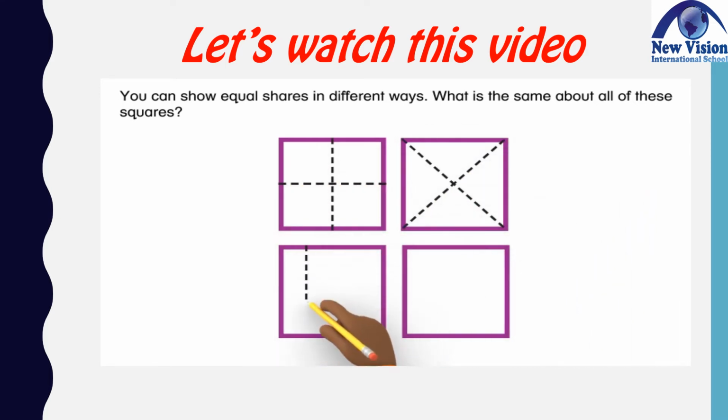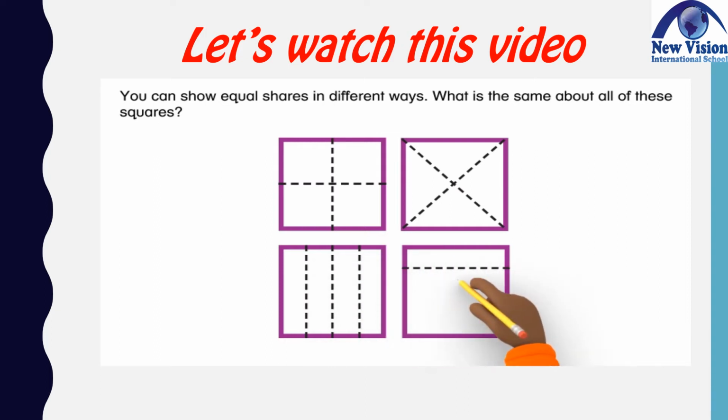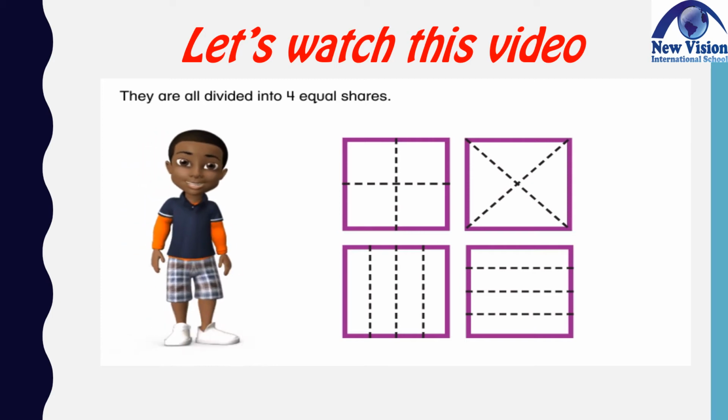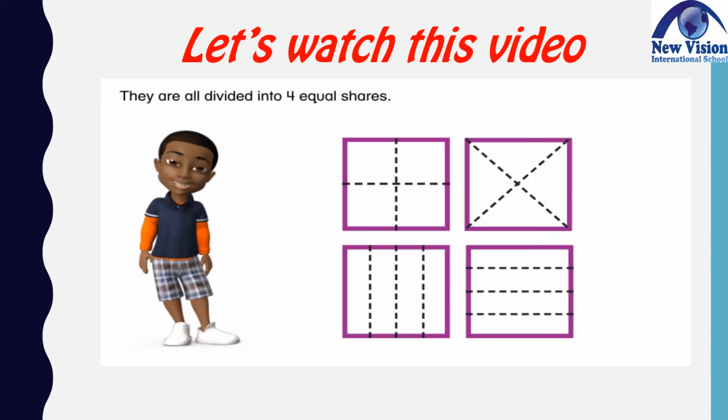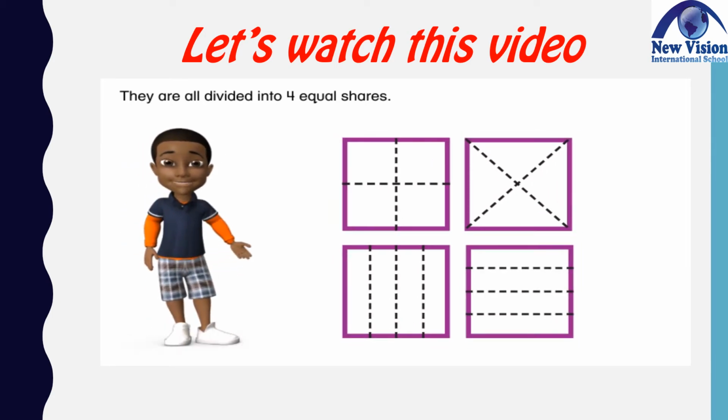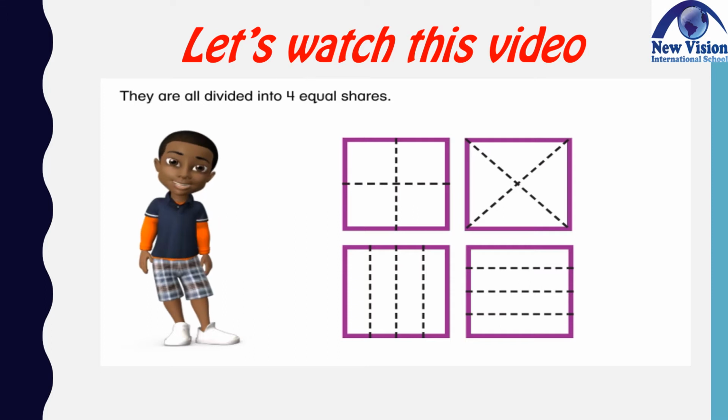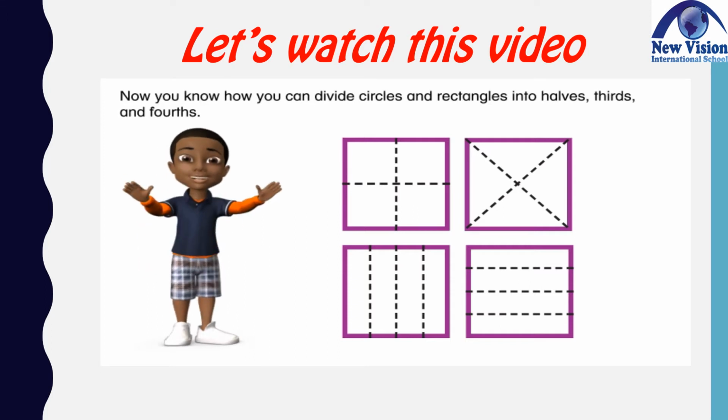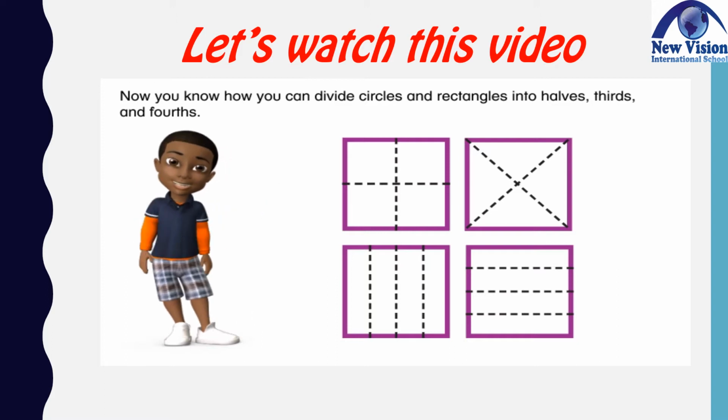What is the same about all of these squares? They are all divided into 4 equal shares. Each share is a fourth of the square. Now you know how you can divide circles and rectangles into halves, thirds, and fourths.